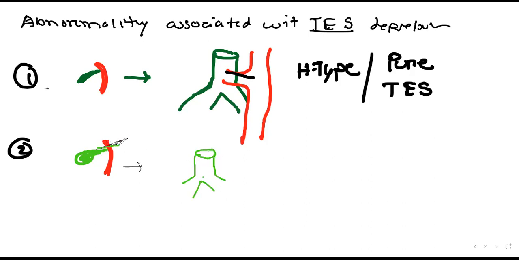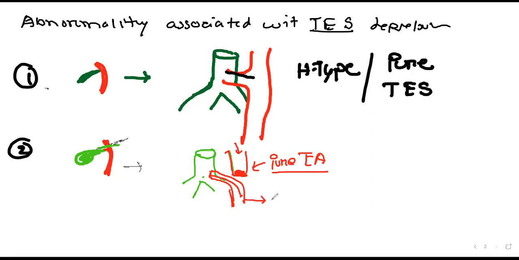And as it is the cleavage line, there will be a blind pouch of esophagus here, and the lower part is attached with the lung bud, so the lower esophagus will originate from the trachea. This esophagus has a blind opening here, so this is called pure esophageal atresia, and there is a fistula between the esophagus and trachea.